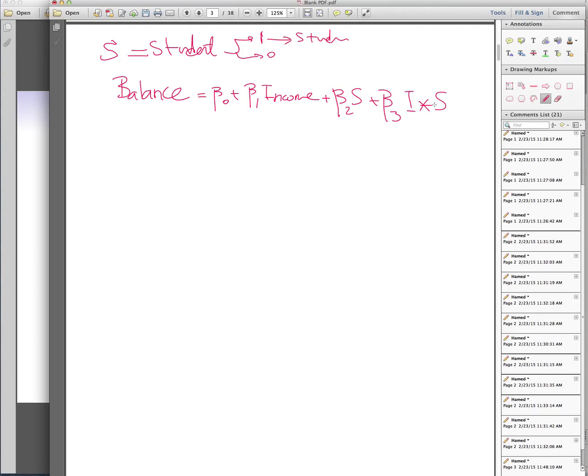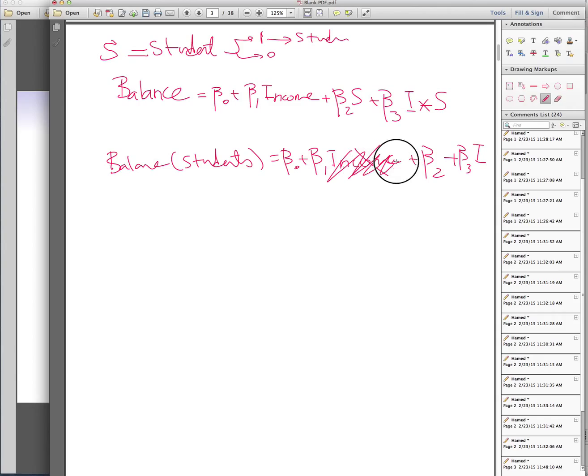I times S. So here is also S. So balance for students would become beta 0 plus beta 1 income plus here, this is 1, we get beta 2. Here, it's 1, we get beta 3 I. Sorry, I should put I here to avoid confusion. So let's assume this is I.